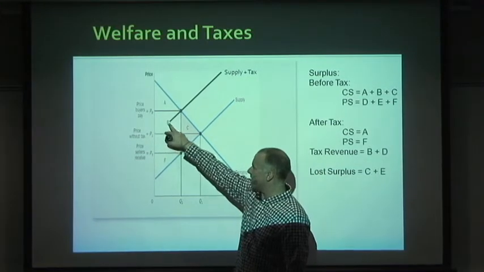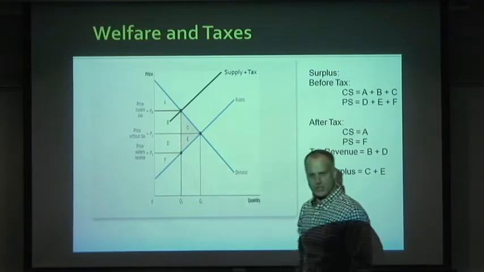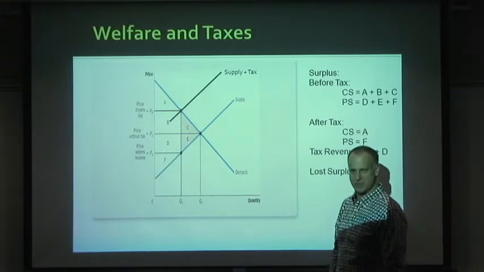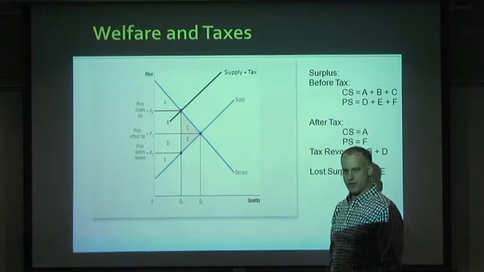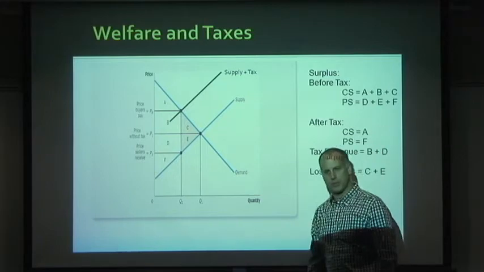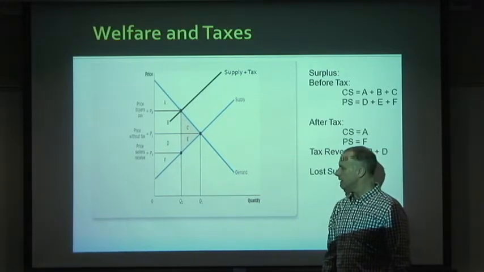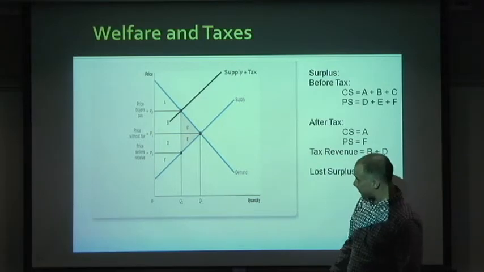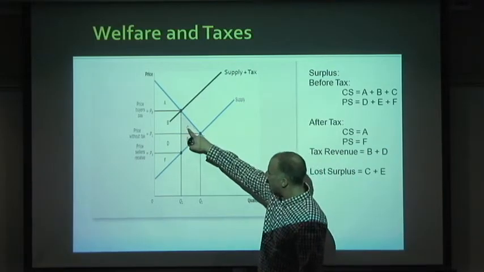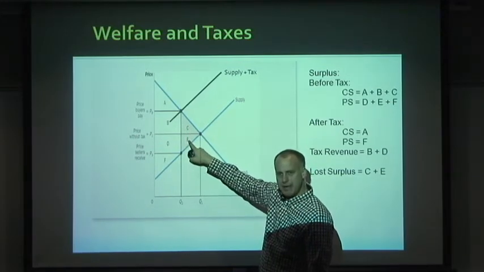Now, all of this is not lost, though. Some of this is now in the hands of the government. Rectangle B and rectangle D are tax revenues, and presuming that the government spends the money wisely, these are things that are not lost to society. They're just things that transfer from consumer and producer surplus into government revenues, which will be used to produce other things. What is lost, however, are these transactions that no longer happen that used to create a net benefit.